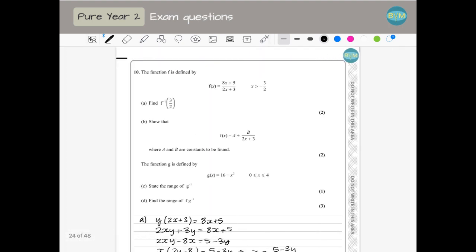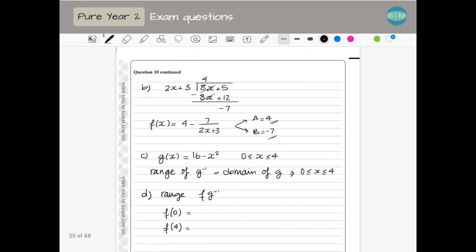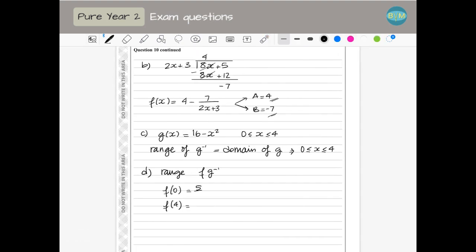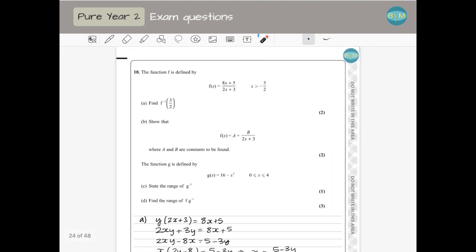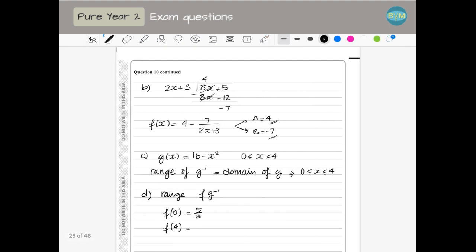f of 0, when I substitute here, I have 5 in the numerator and 3 in the denominator, so it's 5/3. I'm just substituting the 0, 5/3. And f of 4 is 8 times 4 plus 5, which is 37, divided by 2 times 4, which is 8, plus 3 is 11, so 37/11.